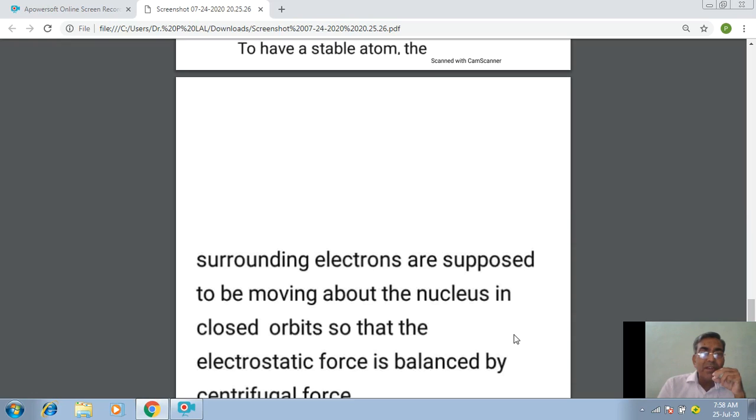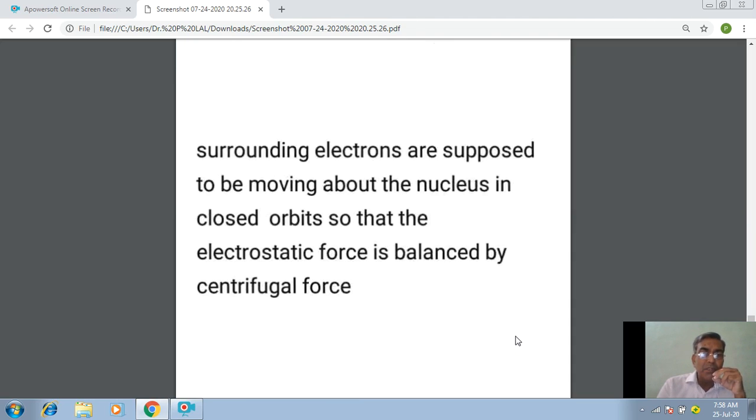To have a stable atom, the surrounding electrons are supposed to be moving about the nucleus in closed orbits, so that the electrostatic force is balanced by centrifugal force.